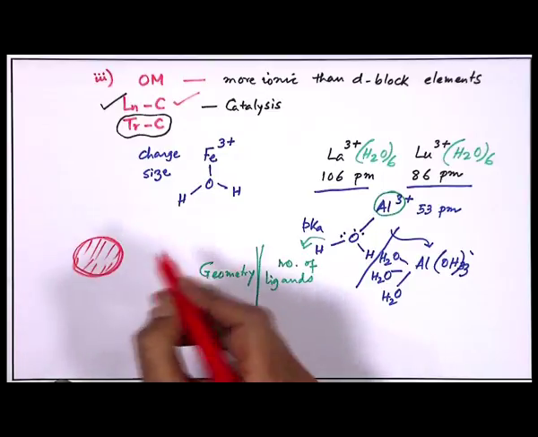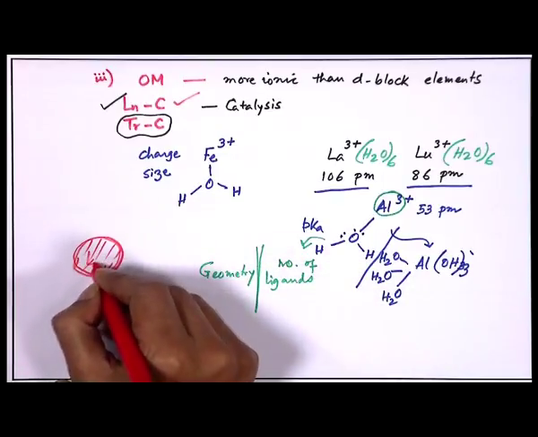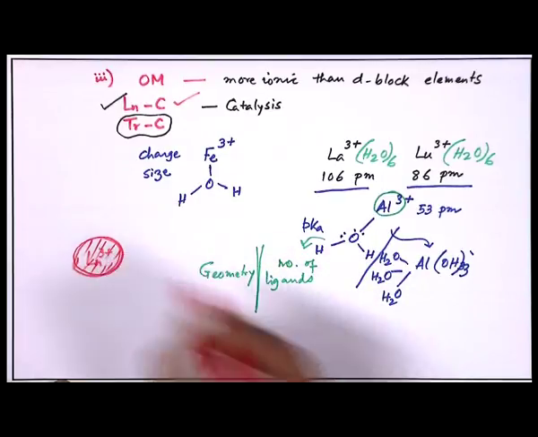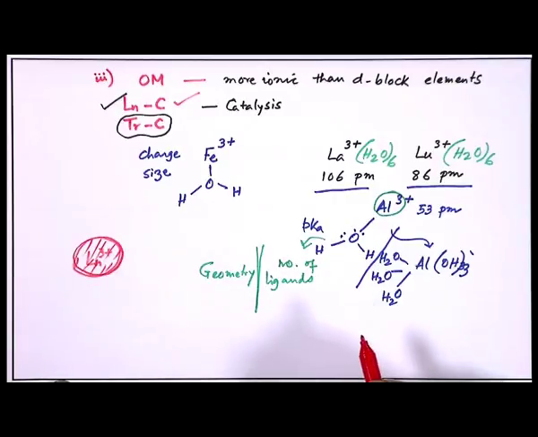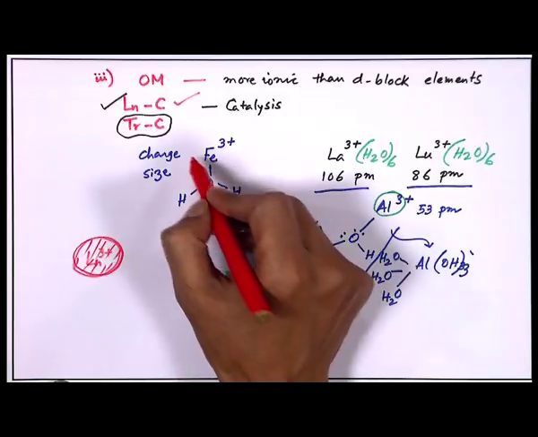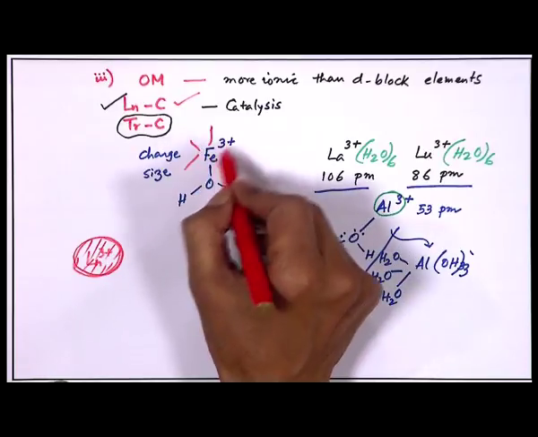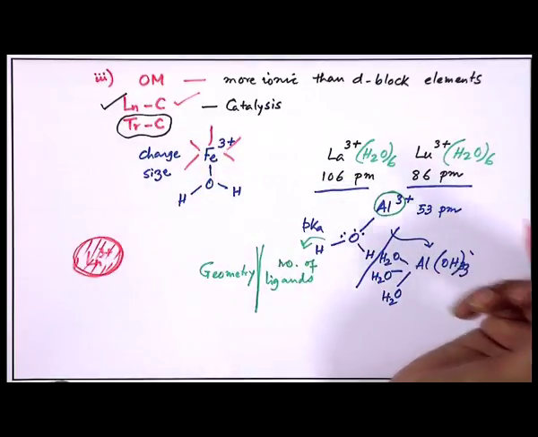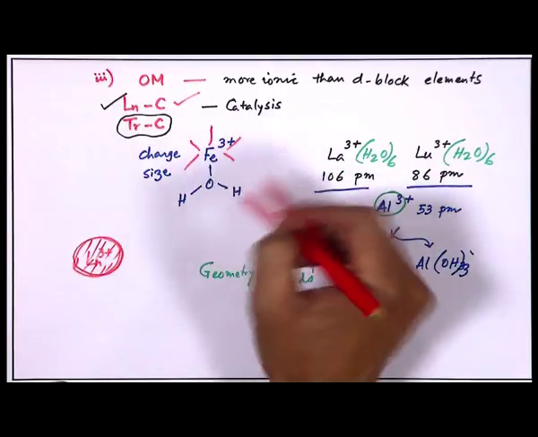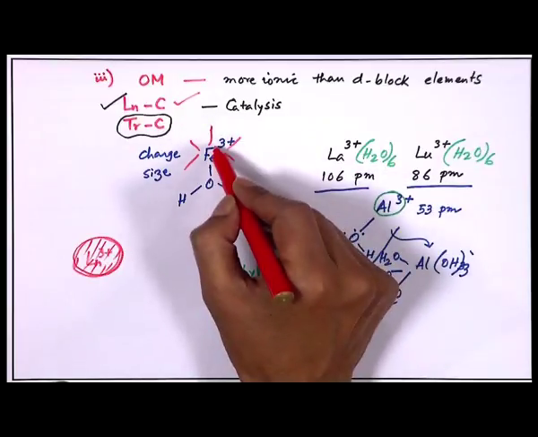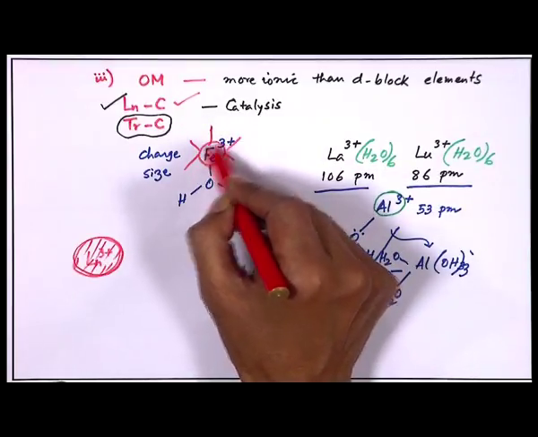If it is say lanthanum Ln3+, why does iron form an octahedral complex? Because depending upon the size, you do not have any other space available, since the size is the most crucial factor.